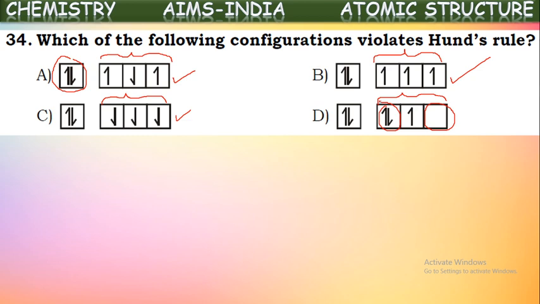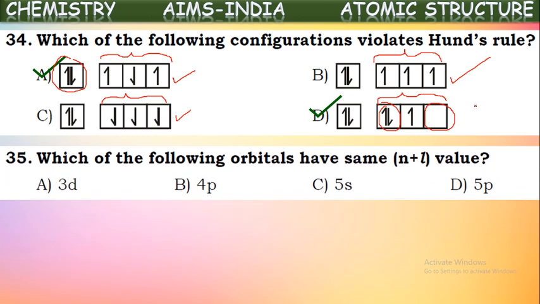According to Hund's rule, first all the degenerate orbitals should get a single electron, then only pairing should take place. But here, without filling this degenerate orbital with a single electron, pairing has taken place. So this is violating Hund's rule. Okay, this is the answer.